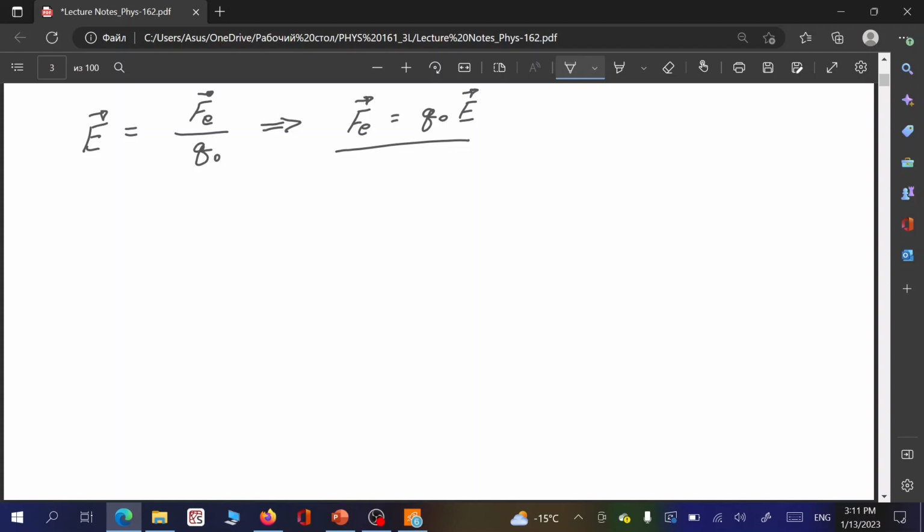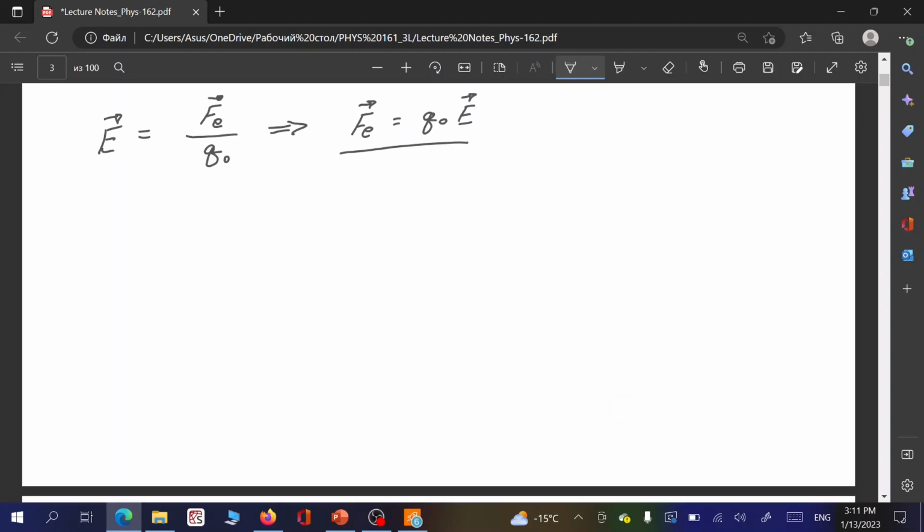And obviously here we need to take into account the sign. So we can write here plus minus. That will also define the orientation of the electric force, because we know that it will make a difference if we change the sign of the electric charge, even without changing its magnitude.